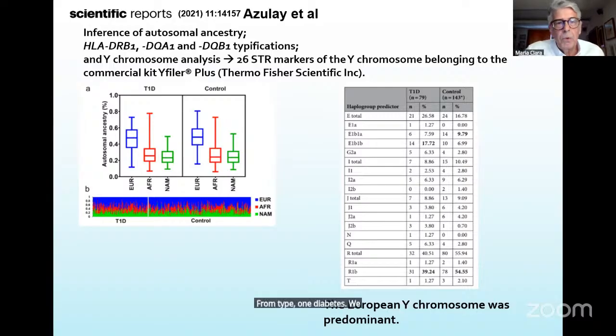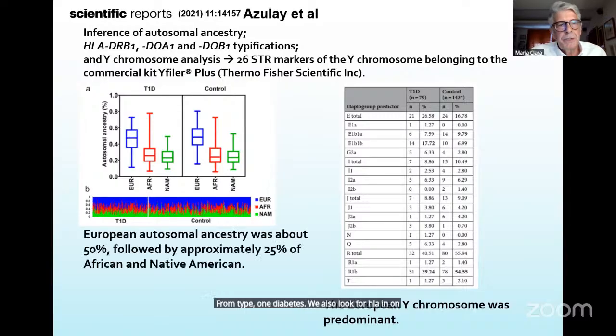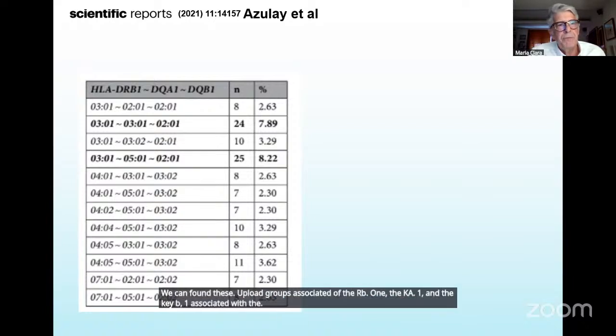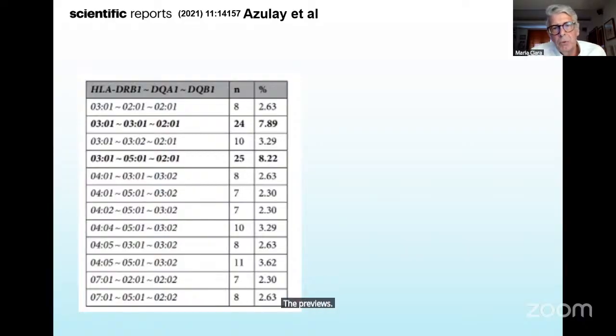We also looked for HLA in those patients, and again, we found these haplotypes of DRB1, DQA1, and DQB1 associated with the previously described haplotypes in Europe, 0301, 0501, 0201, and again in patients with 0301, 0501, 0201.